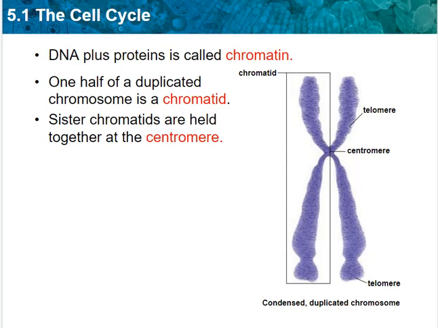When a chromosome has already replicated or copied itself, one half of that is referred to as a chromatid, or if you will, a copy is called a chromatid. So in this picture, you see two chromatids held together at what's called the centromere. As a whole, this structure is called a chromosome.